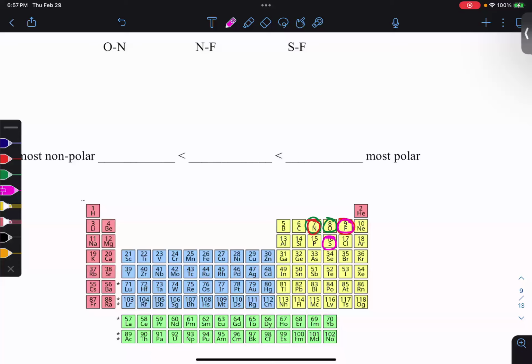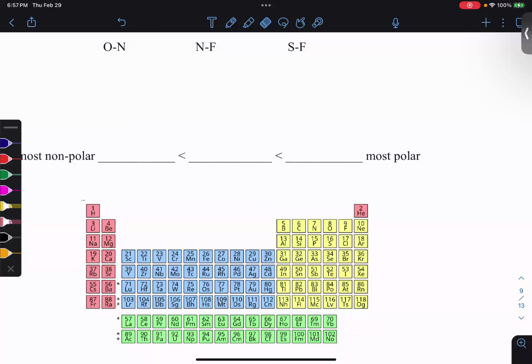They're all very high numbers. So if you subtract a large number from a large number, what kind of number do you get? A small number. So will you make a polar bond with two very electronegative things? No, you don't. What you want is a mismatch. Mismatches make really great polar bonds, but when they're both high, it's not going to be super polar.